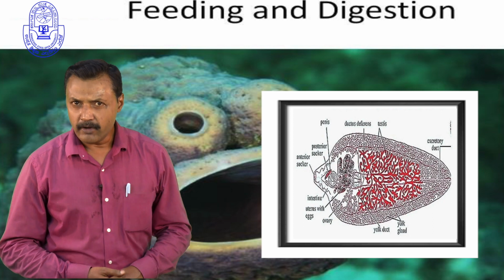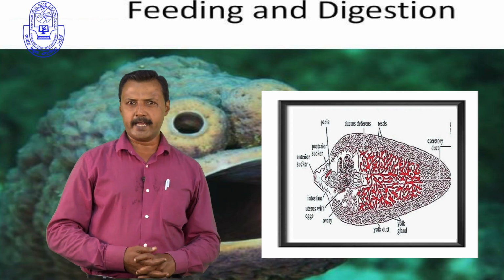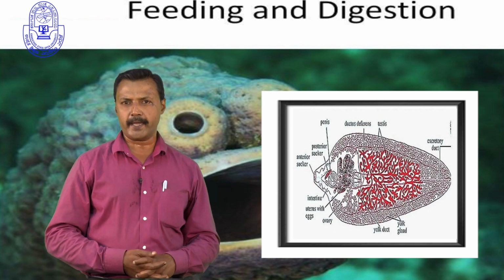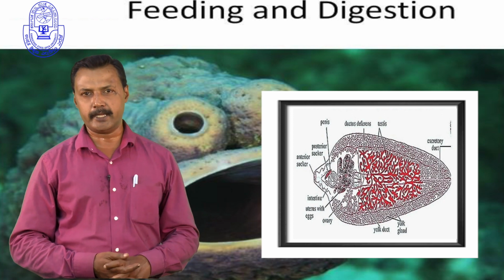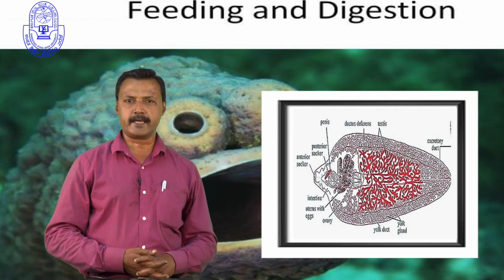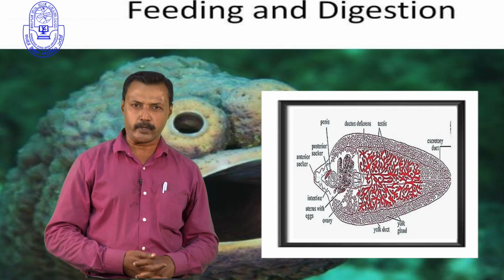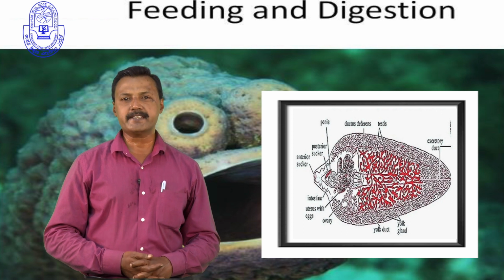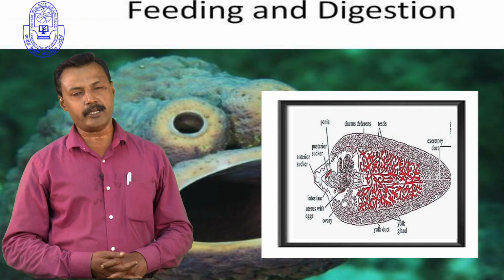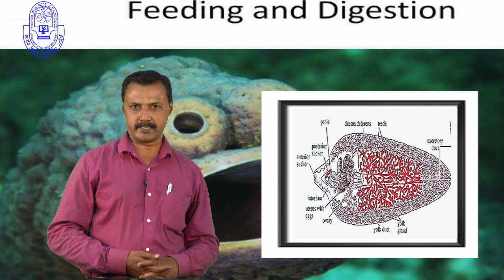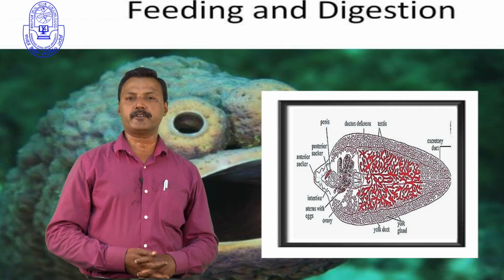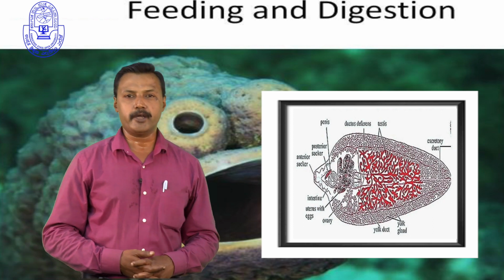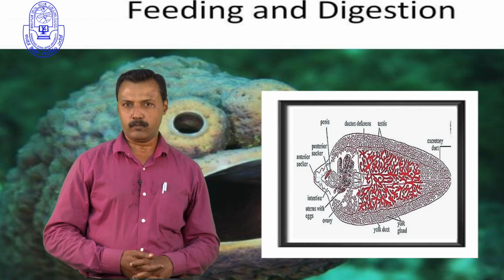Coming to the digestive system, it consists of a mouth region along with two suckers found below the mouth, with which they suck the nutrition from the liver of a sheep. Their digestive system is incomplete because they draw the nutrition completely from the host organism. Numerous flame cells are distributed laterally in the body, which mainly remove water.